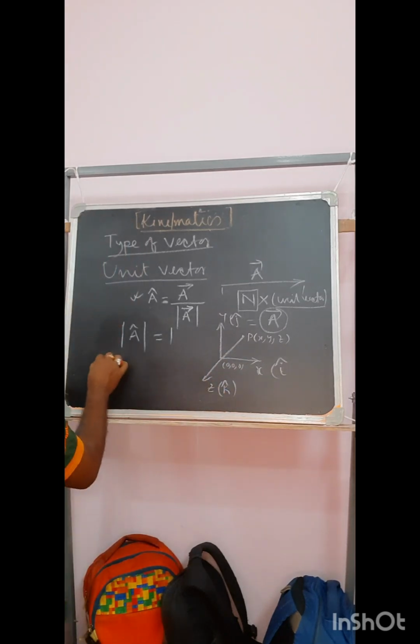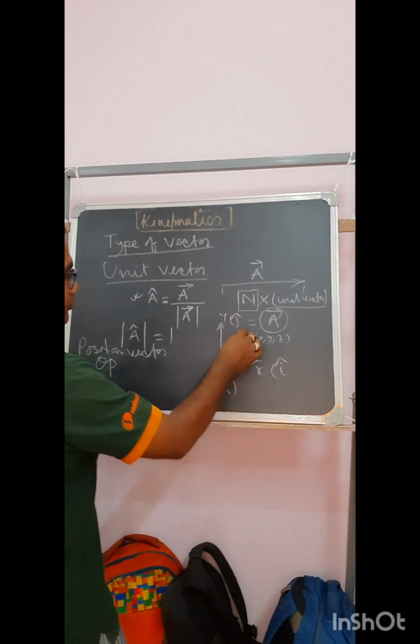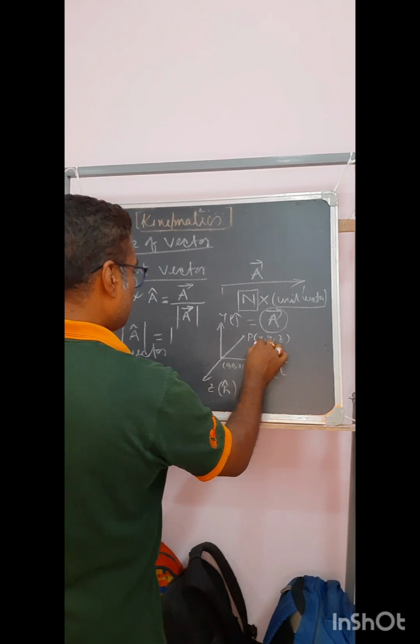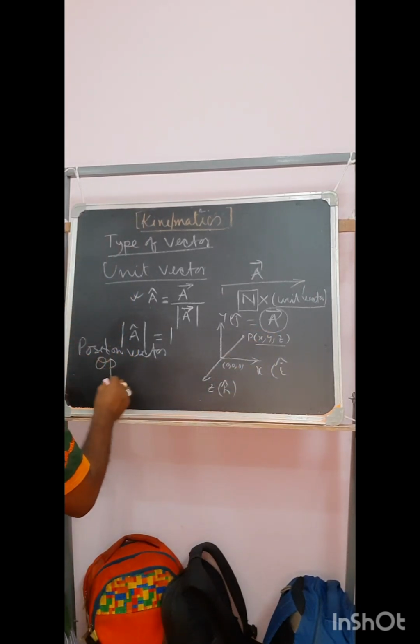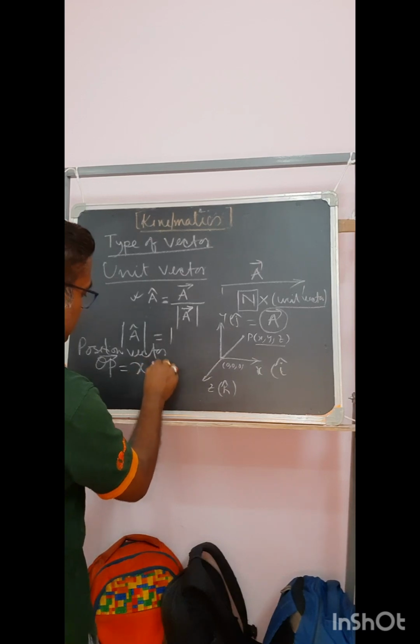This position vector OP, represented by the point P with reference to the fixed point O with coordinates x, y, z, will be represented by x i.